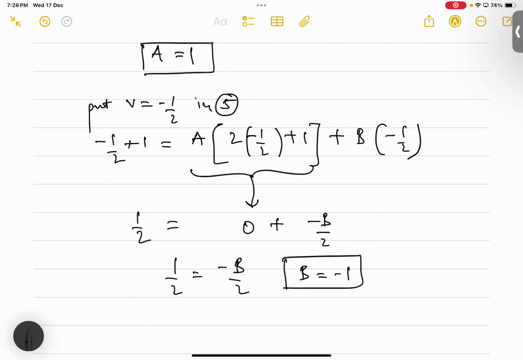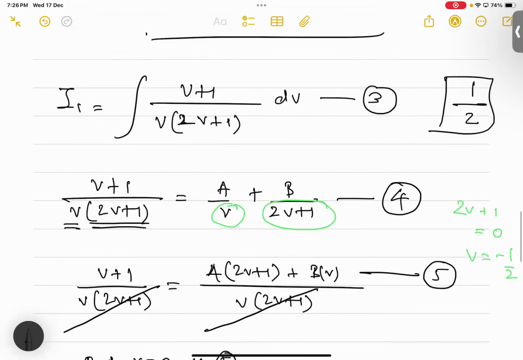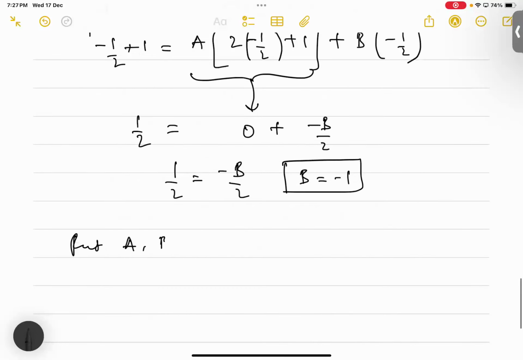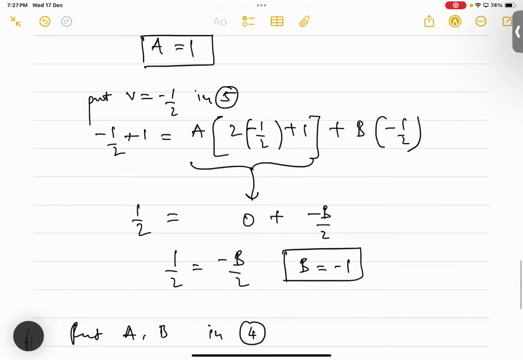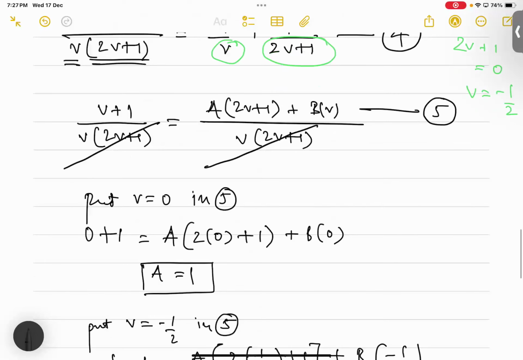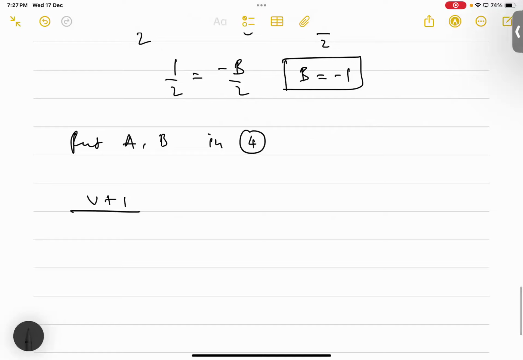3, 4, 5. 5, 4, 3. So 5 is done. Now 4 and then 3. So put the A, B values in 4. Right, guys? You're understanding this? So V plus 1 upon V into 2V plus 1.